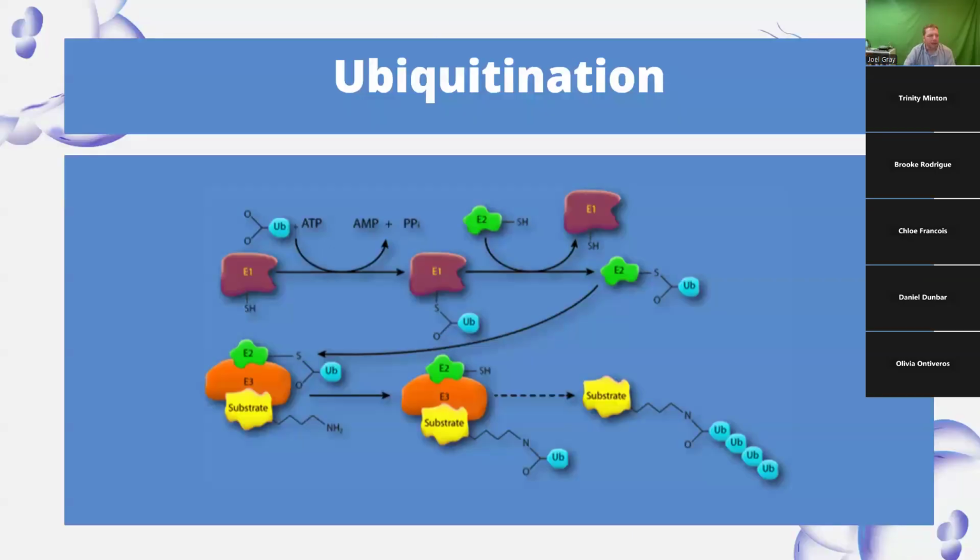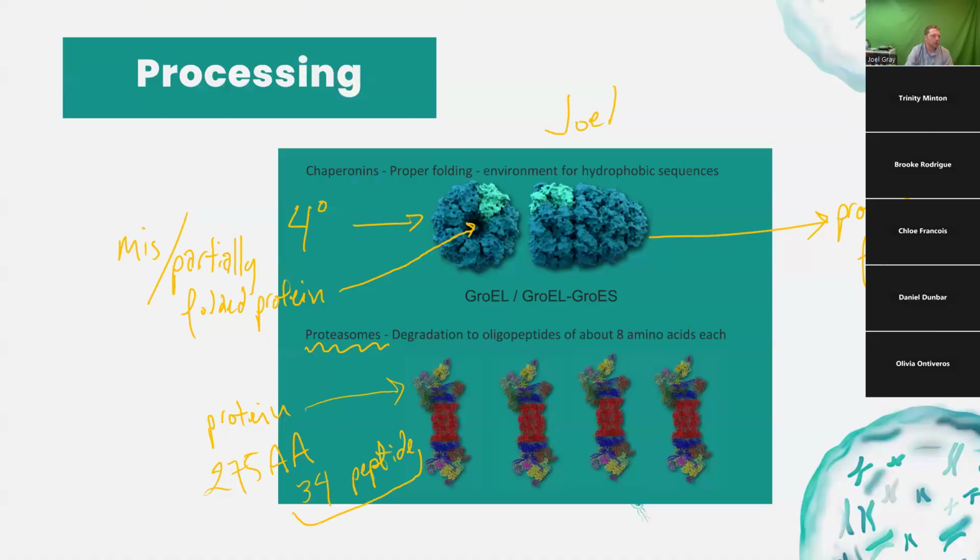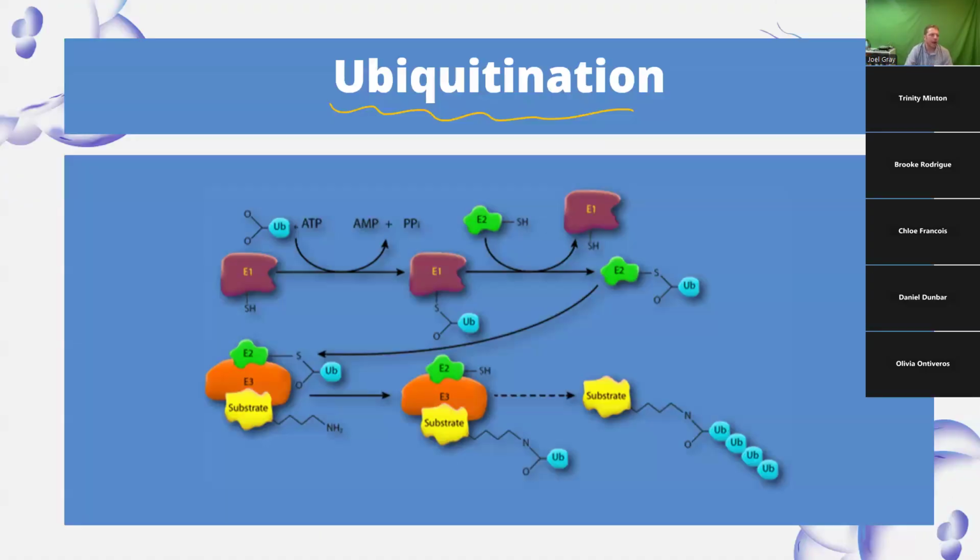Now, how does that happen? It helps to have this system known as ubiquitination, or this process. So proteins don't randomly show up to a proteasome and get digested. Instead, what happens is they get this protein right here added to them.